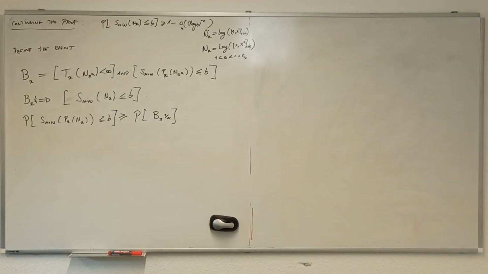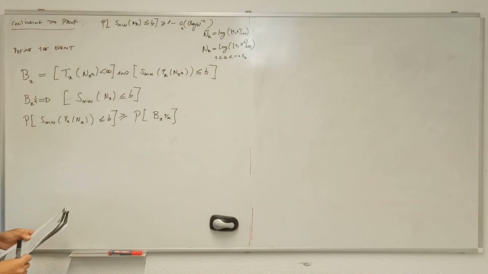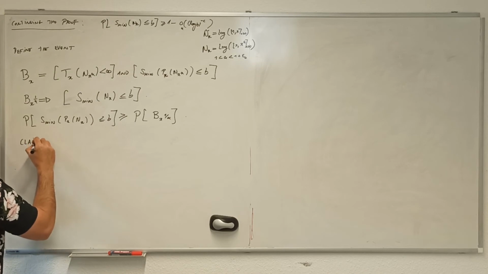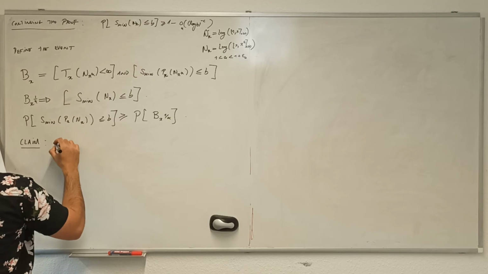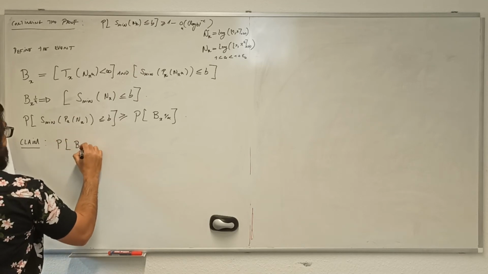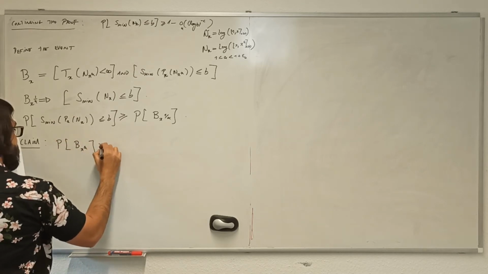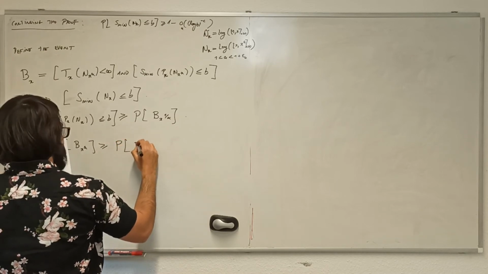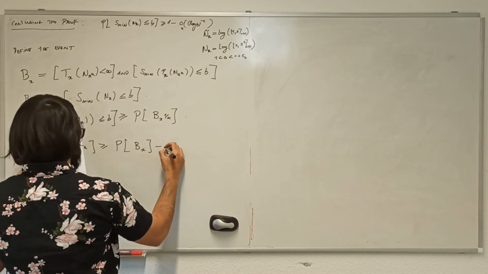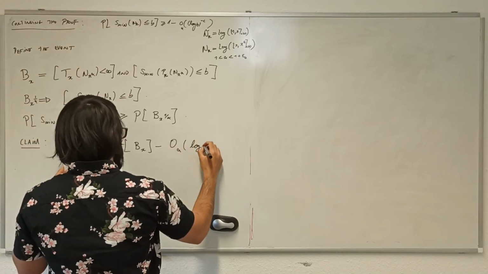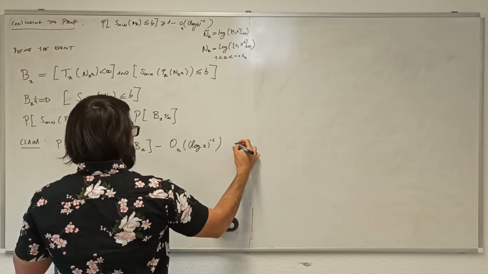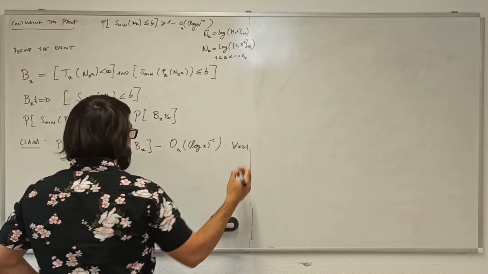Okay? So now we want to create a lower bound for these things, for every x, okay? And my claim, and this claim will be true because of the proposition, is that the probability of b of x to the alpha is greater or equal than the probability of bx minus O, which can depend on alpha, log of x to the minus c, for every x greater or equal to 1.